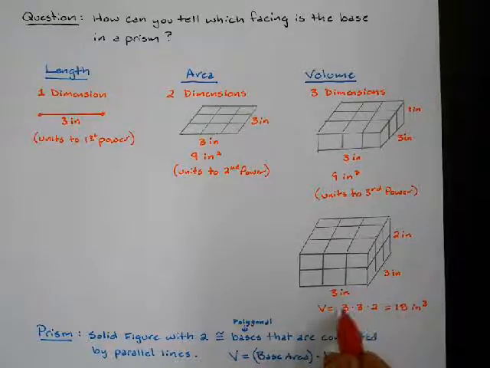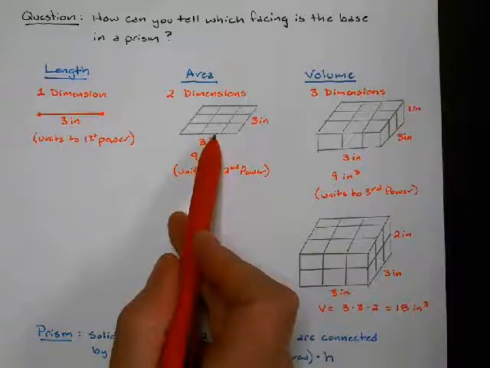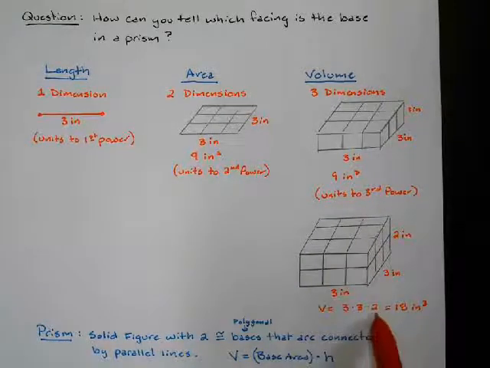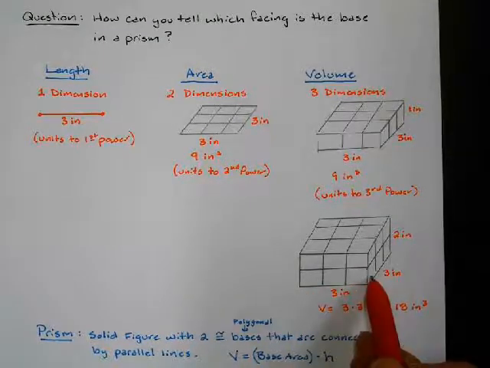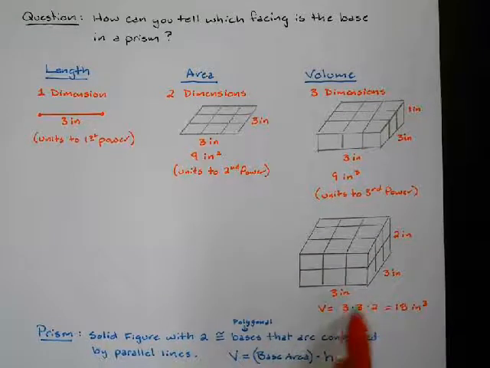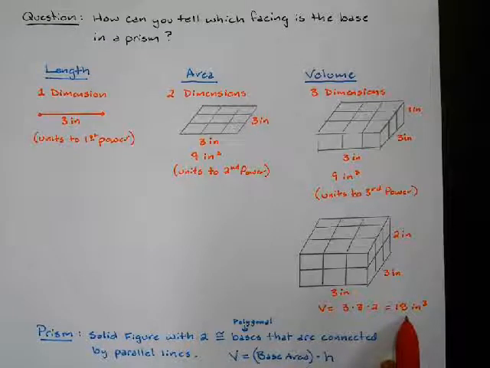So the first two numbers here, my 3 times 3, are kind of like my area. And then the third number here, the 2, is how high I'm stacking those areas. I've got one stack on the bottom, and I've got another stack on the top. So I'm multiplying that area by 2 and getting 18 individual cubes.